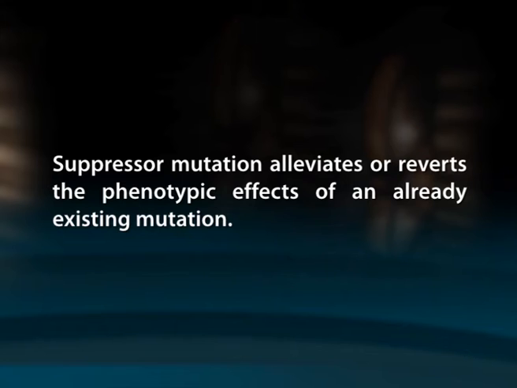A suppressor mutation alleviates or reverts the phenotypic effects of an already existing mutation. Genetic suppression therefore restores the phenotype seen prior to the original background mutation. Suppressor mutations are useful for identifying new genetic sites which affect a biological process of interest.